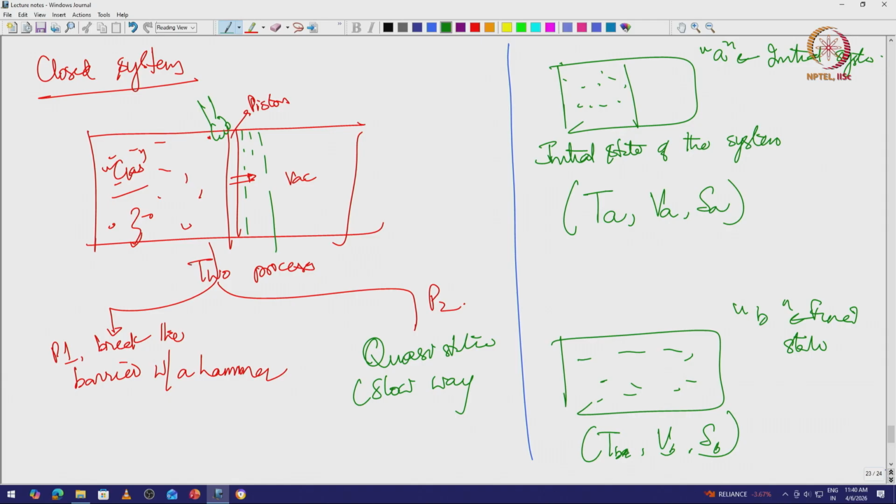This is the system, but I said this is a closed system. Closed system means there is also a surrounding. So, the surrounding also has some initial state, I am just going to say that is T A bar.